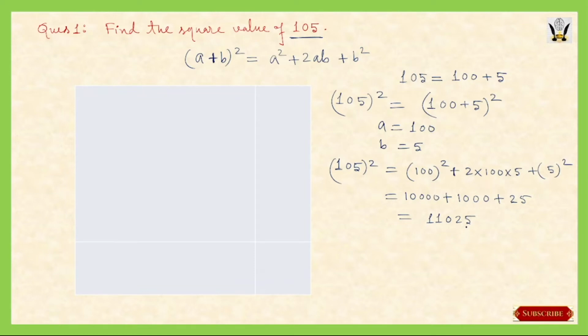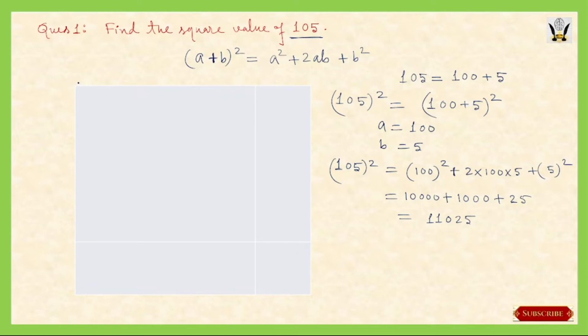But this is not the method we are learning here. This is the visual method. The same identity, same result, but what we are doing using this identity, we want to visualize. For visualization, we first draw a square having the side value a plus b. We assume that the measurement of each side of that square is a plus b.